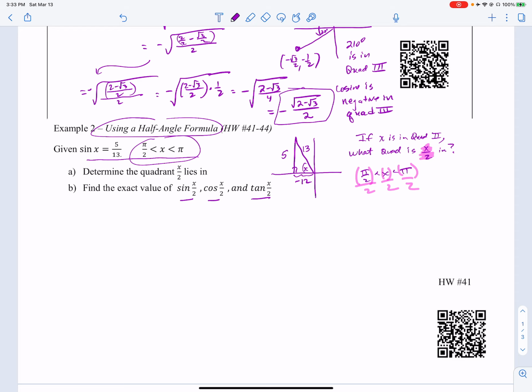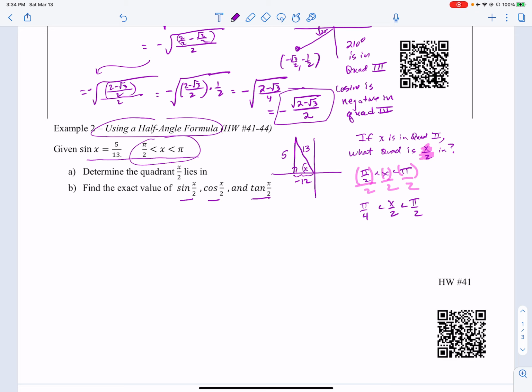So that in the middle, I have an x divided by 2. And pi halves divided by 2 is a pi fourths. You multiply by 1/2, you get a pi fourths. And then you get an x halves, and you have a pi halves. So x halves is between 45 and 90 degrees.